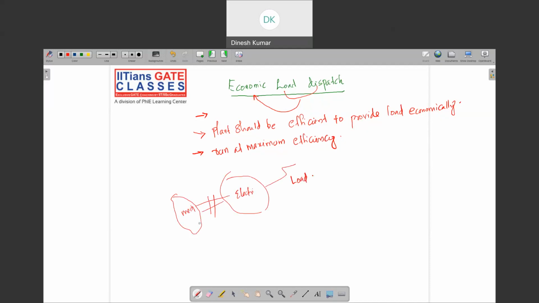In the earlier days, they did their best in increasing the efficiency of boilers, turbines, and generators.